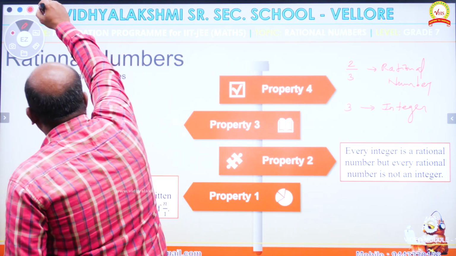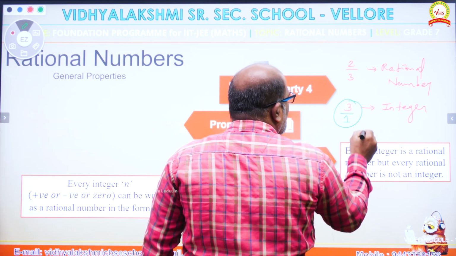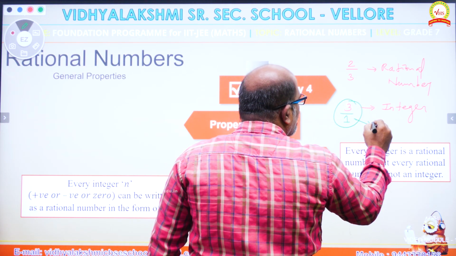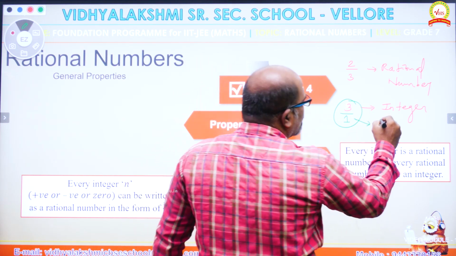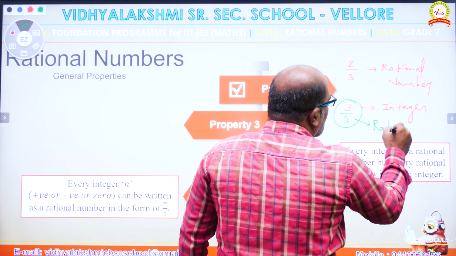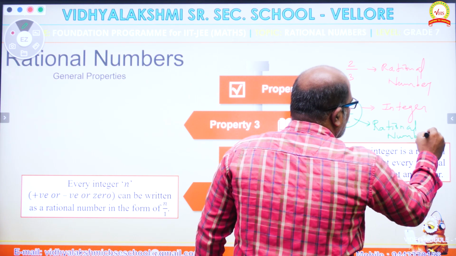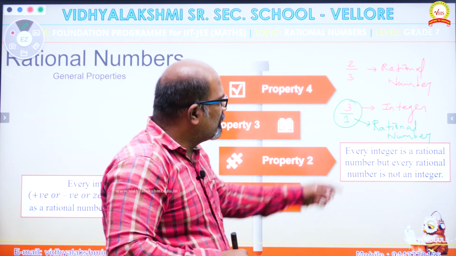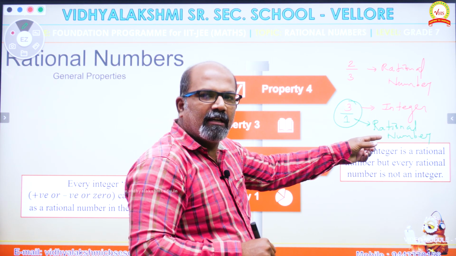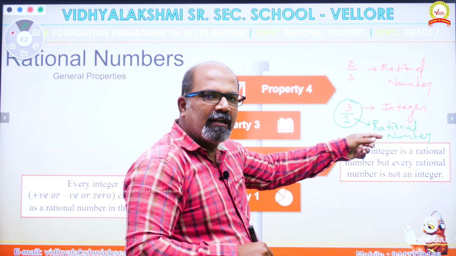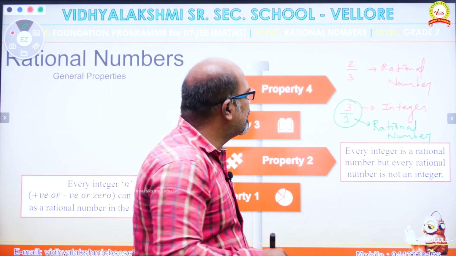But when I express the same integer in the form of 3 by 1, because it is in the form of p by q, it can be called a rational number. An integer can be called a rational number, but not all rational numbers can be called an integer.